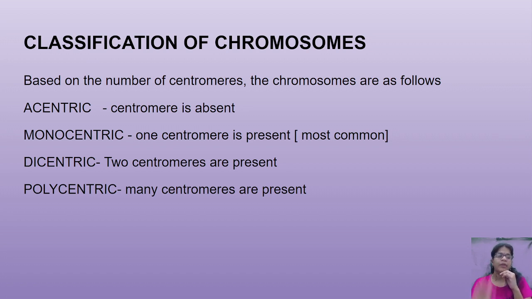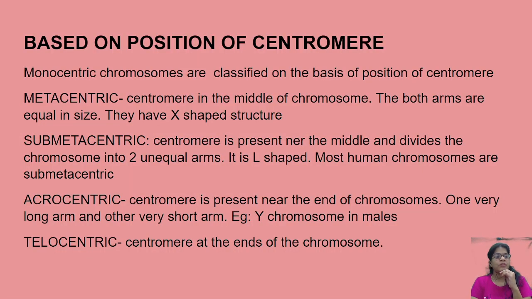Now I am dividing these monocentric chromosomes further into different forms based on their shape and the position of the centromere, whether it is near the middle, near the end, or completely towards one end. So based on the position of the centromere, these monocentric chromosomes are again divided into metacentric, submetacentric, acrocentric and telocentric.